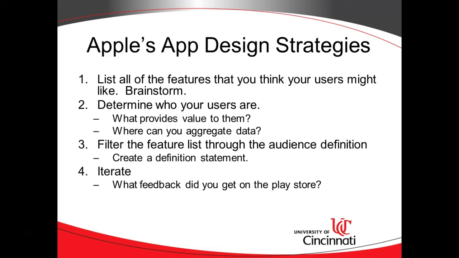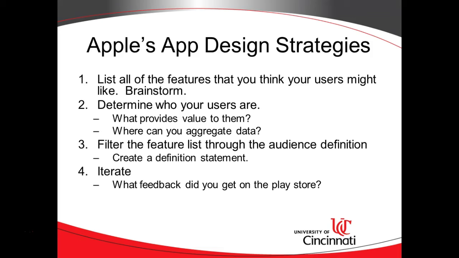So when we iterate, we want to definitely think about technological changes that have occurred. We also want to think about what feedback we're getting on the Play Store. Listen to that, react very quickly, because nothing is more valuable than your Play Store rating. And then again, we might want to say, hey, I just didn't have time for this feature last time, but now I do have time for it, so I'm going to go ahead and implement it now.